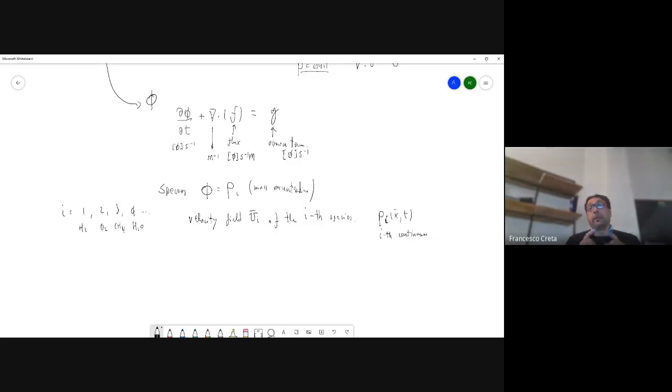Clearly, if we only had one species, then it wouldn't make sense to distinguish between the velocity field and the velocity field of that species. It would be the same concept, okay?